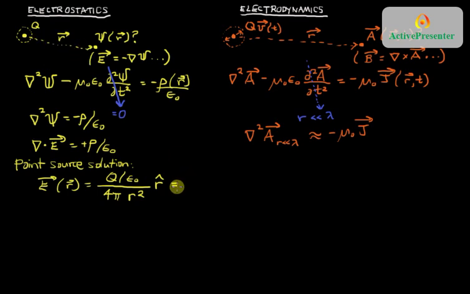Now I can write that another way. I can rewrite the charge as the integral of charge density over this little volume near the origin. So I can write Q as the integral of rho over epsilon naught integrated over the volume of that little ball, over 4 pi r squared r hat.